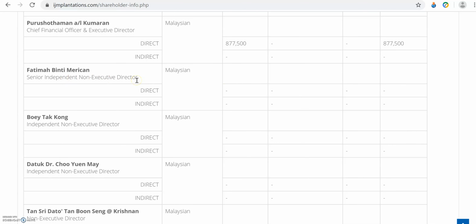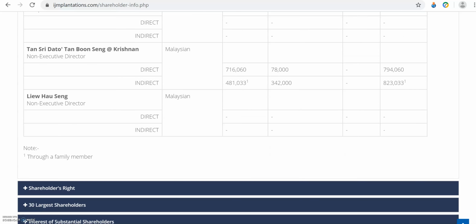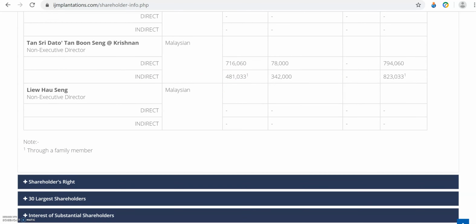You're going to learn more when we do our director topic. So these are all the directors. If you see, there's a note here, through a family member. So indirect, this amount of shares he got through a family member.